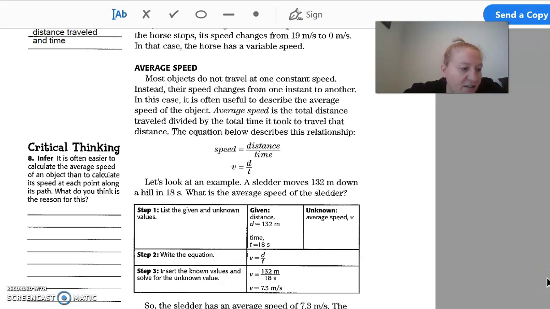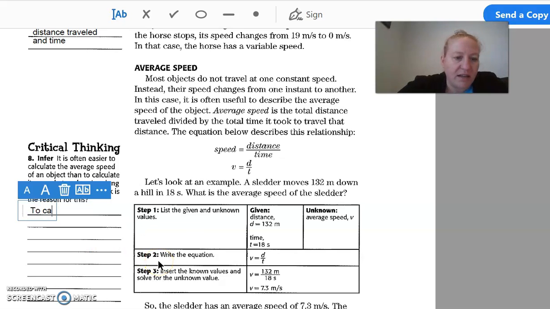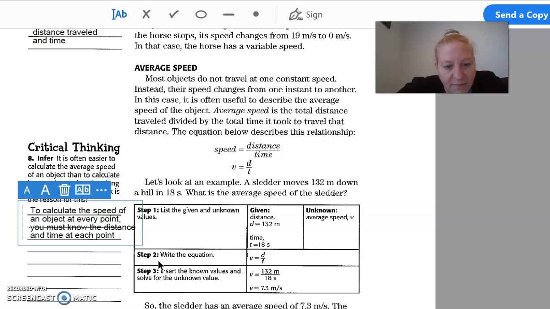All right, let's look at what we can infer. Is it often easier to calculate the average speed of an object than to calculate speed at each point along its path? What do you think? The reason for this is, to calculate the speed of an object at every point, you must know the distance and time at each point.